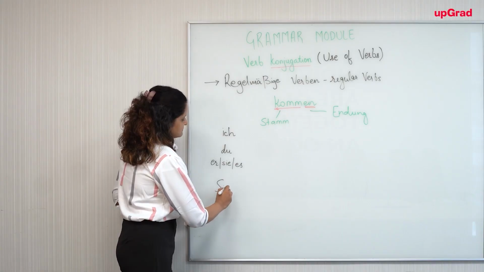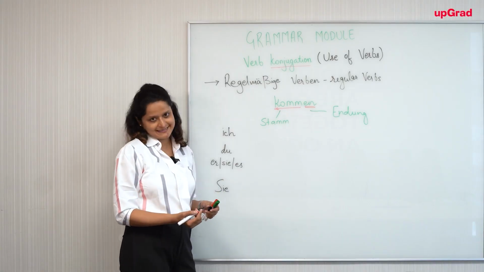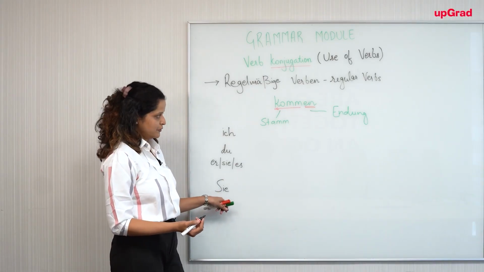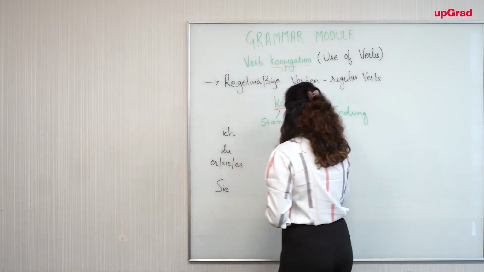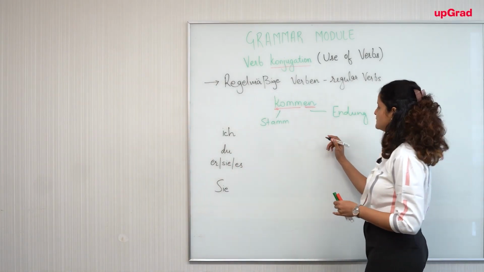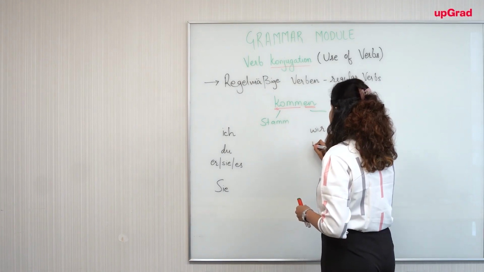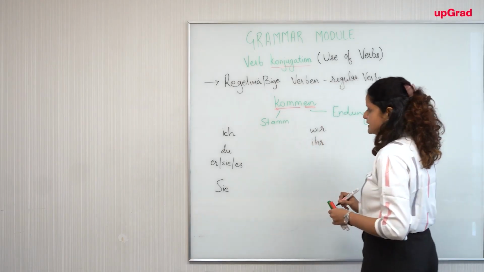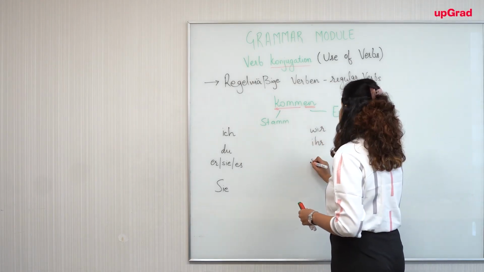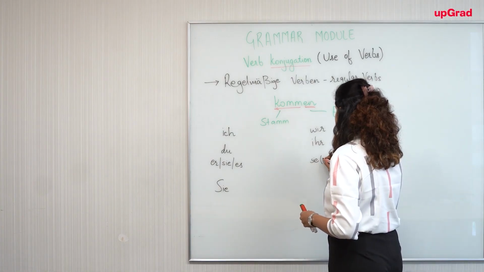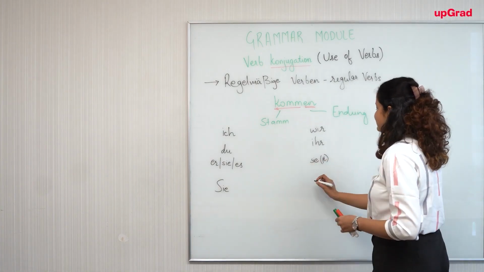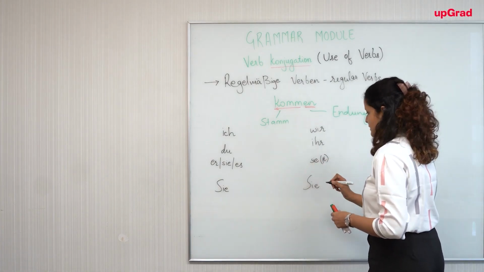And then your formal Sie, that is second person formal. After that, we go to the plural forms. First person, wir. Second person plural, ihr. Third person, sie, this is your sie plural. And then this is again your formal plural.